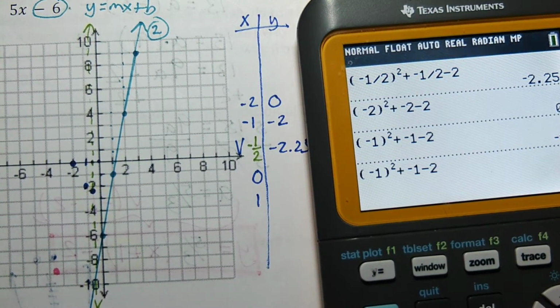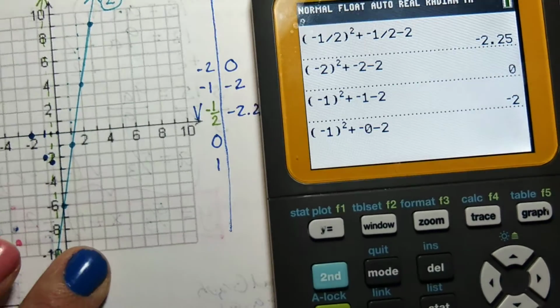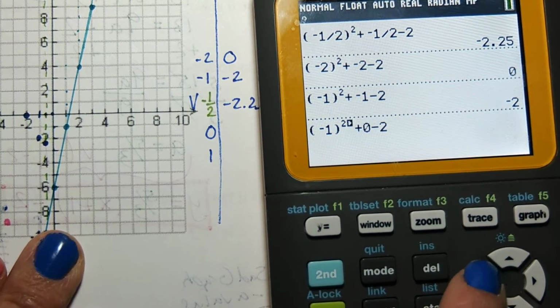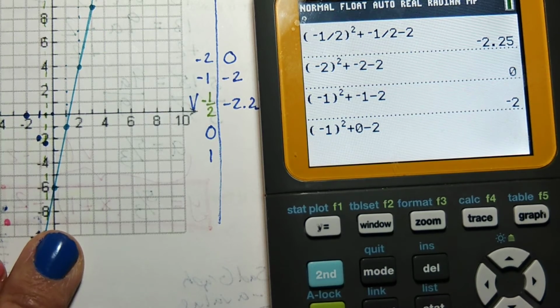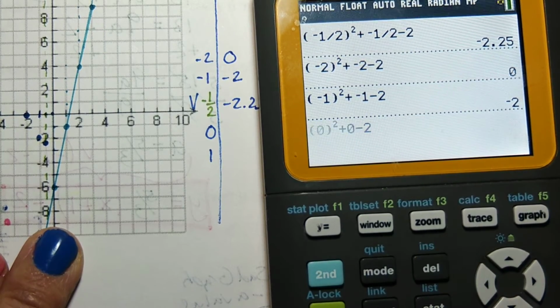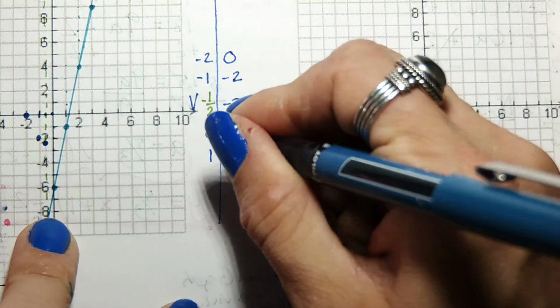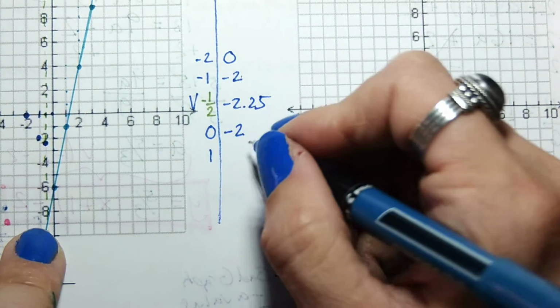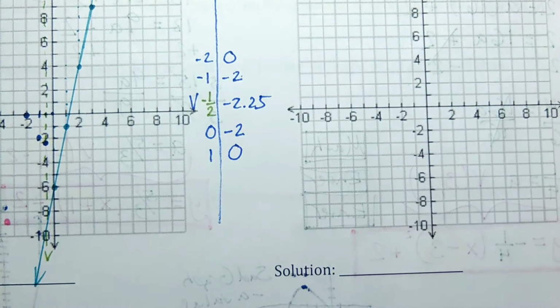So second enter, I'm going to override the 1 with a 0, and then use the delete key, which is right next to my arrows, to get rid of the negative. So then over here, override the 1 with a 0, delete the negative. And we get -2. There's that repeated range value that we love so much. So that means that would have to be 0 as well.